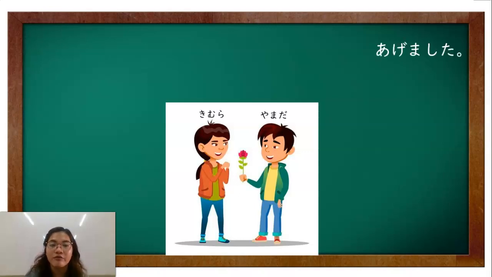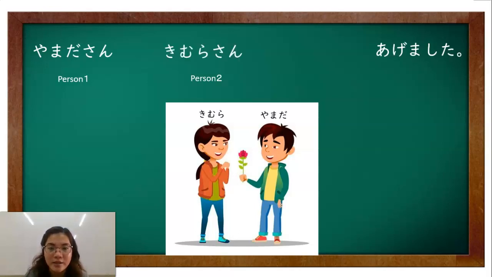That means our verb becomes from agemasu becomes agemashita. Past tense. So our person 1 here is Yamada-san. Our person 2 here is Kimura-san. And kung ano yung object na ibinigay is hana or the flower.